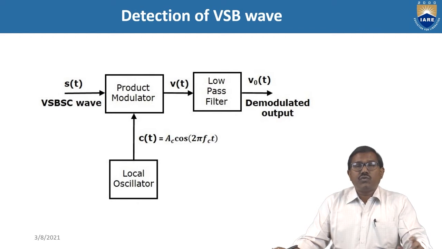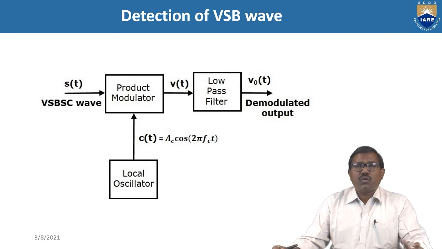That means the same carrier used at the transmitter is used at the receiver also. The output of the product modulator is v(t), and it is applied to the low pass filter.